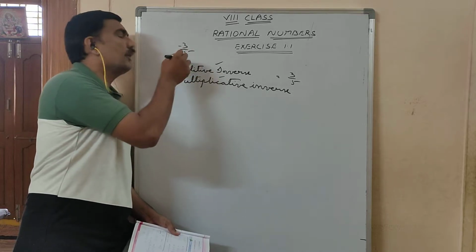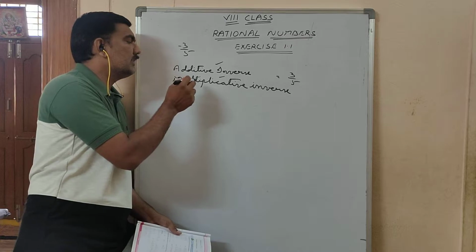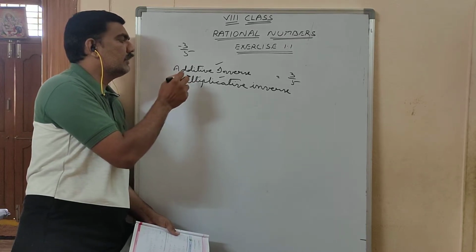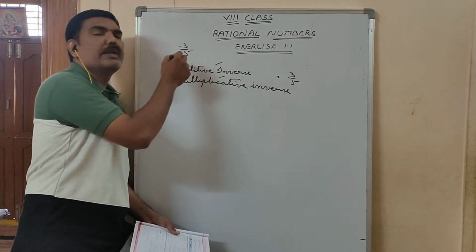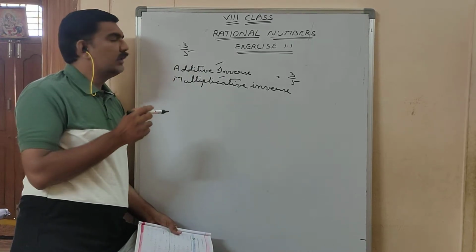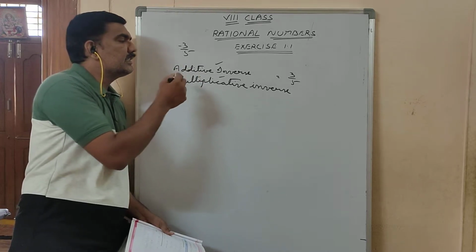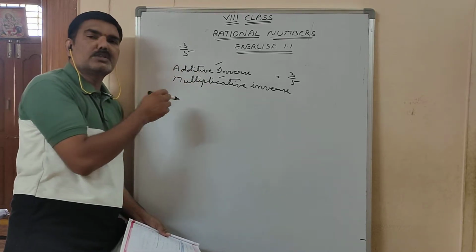Next we will go for multiplicative inverse. For multiplicative inverse you have to take minus 3 by 5. The rule is, if the question has a negative symbol, the answer also will have a negative symbol. If the question has a positive symbol, its multiplicative inverse also will be positive.